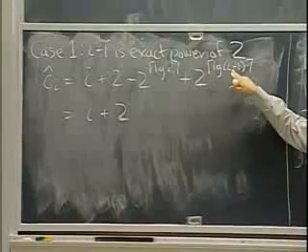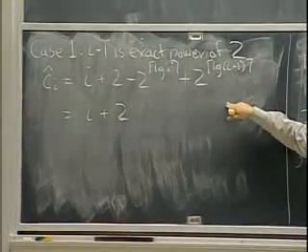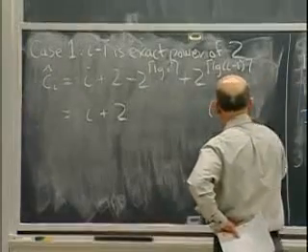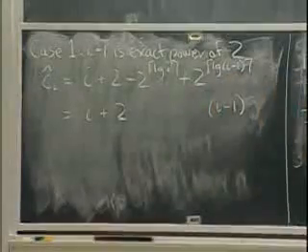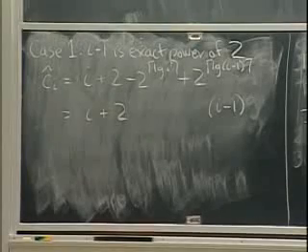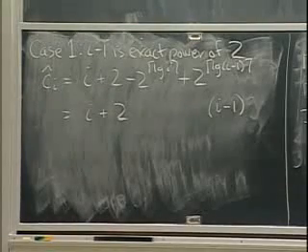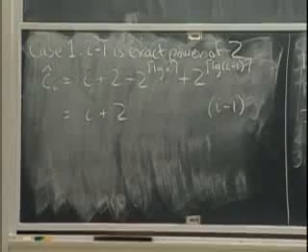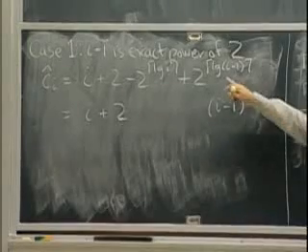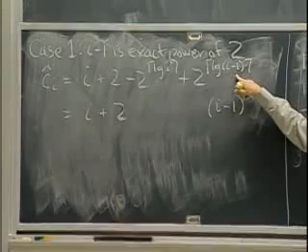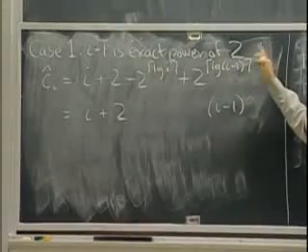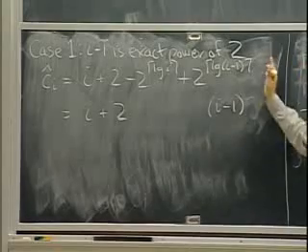So this is 2 to the log of i minus 1, which is i minus 1. If it's an exact power of 2, then the log is an integer, so taking the ceiling doesn't matter. Get rid of the ceiling.